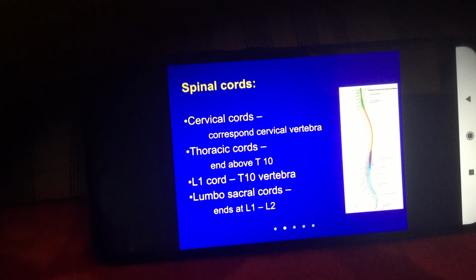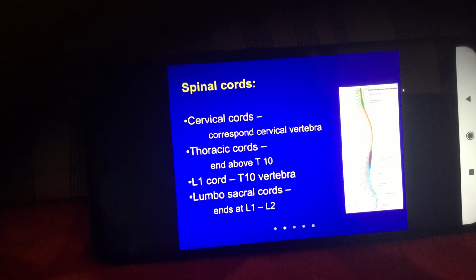Then there is the cauda equina, and the cauda equina is nerve roots, nerve fibers that come down. At the level of L1 and L2 the cord ends, and after that the cauda equina comes.